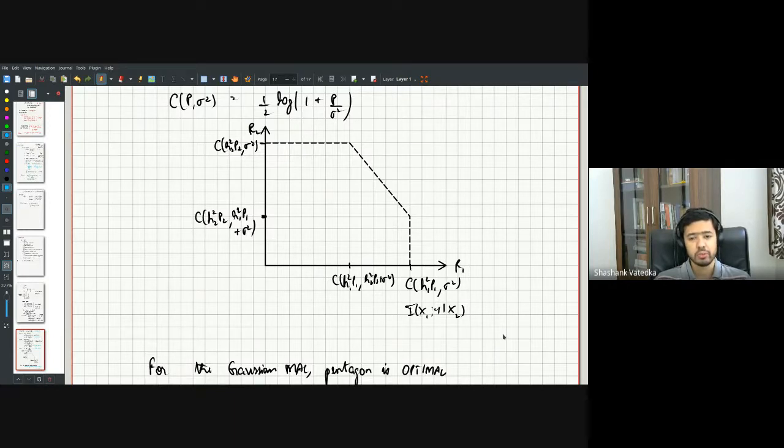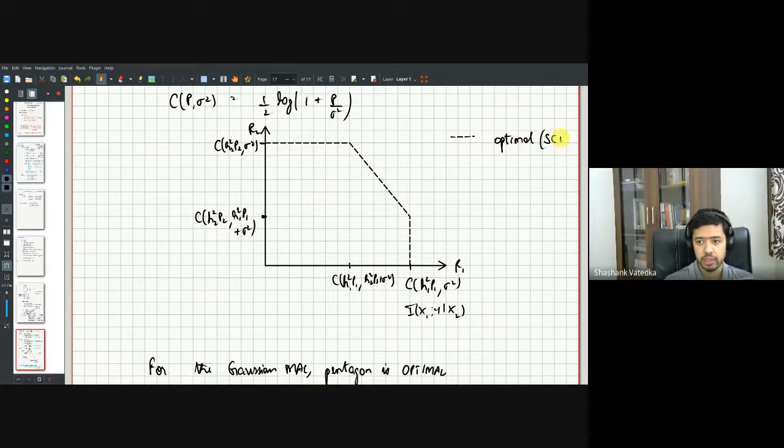So let's also look at a couple of suboptimal approaches. So suppose we did TDMA, right? This is optimal, right?